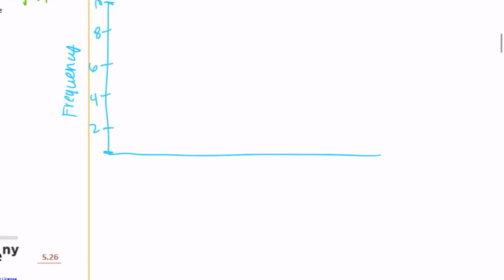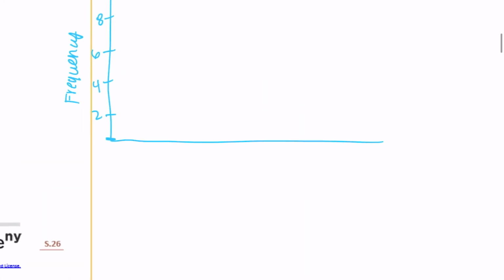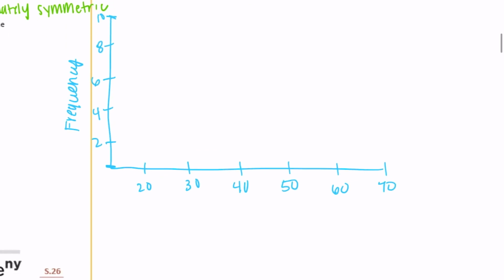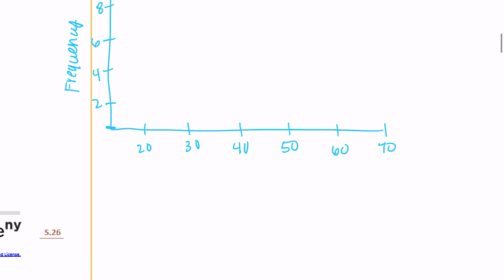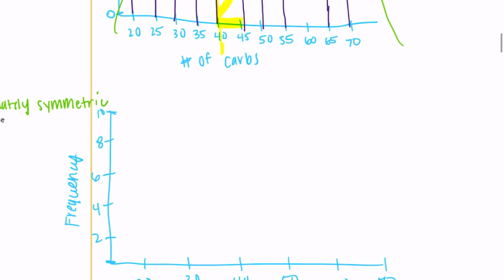So I'm going to start at 20 and go to 70. So 20, 30, 40, 50, 60, 70. And let's call this number of carbs. Your title, carbohydrates.